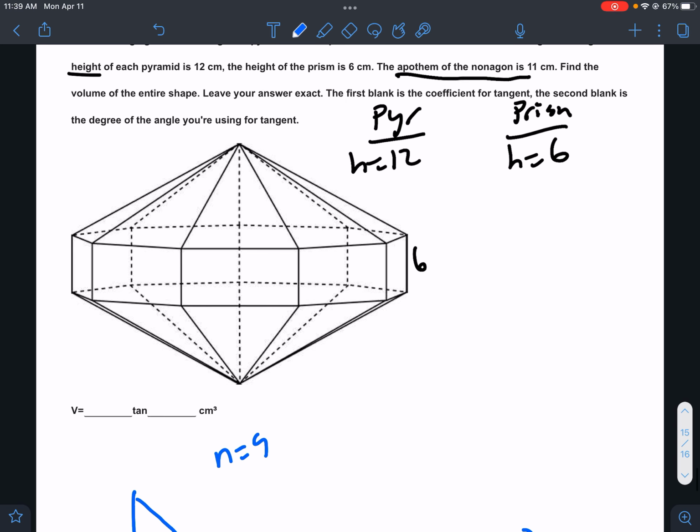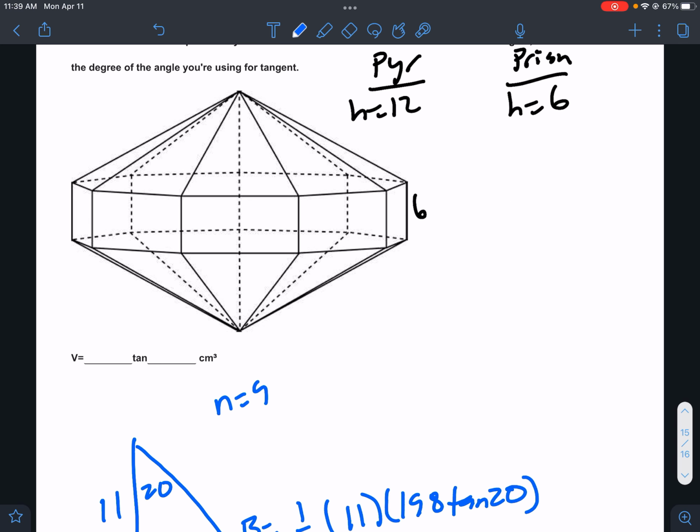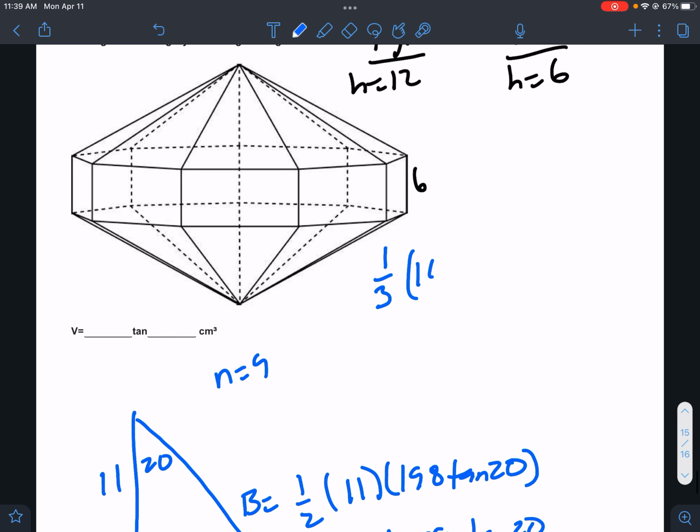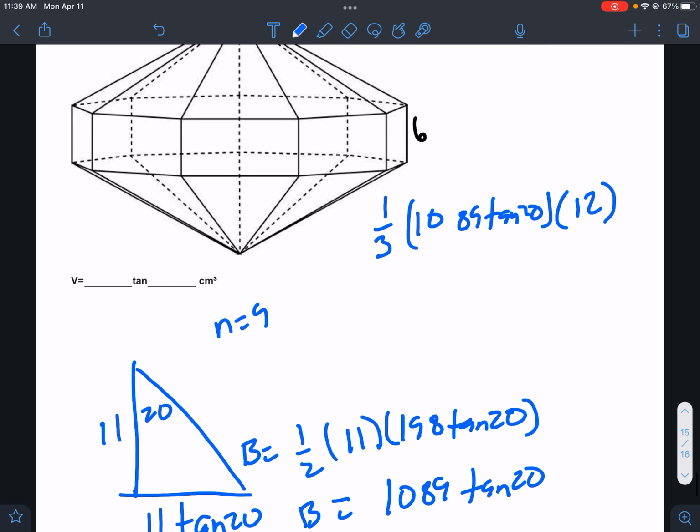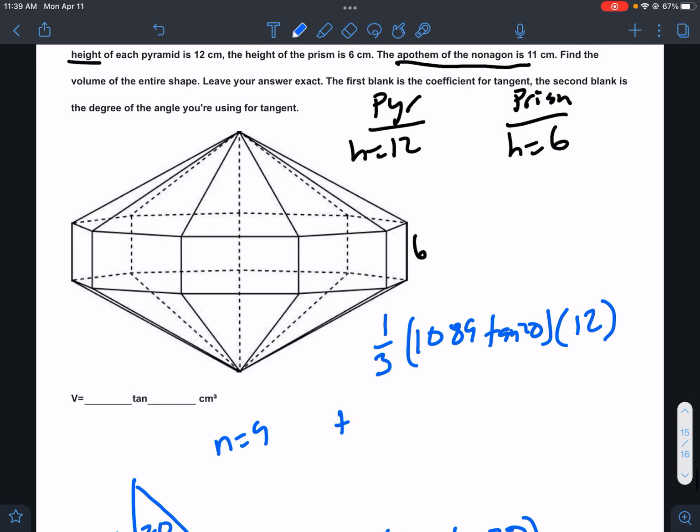Okay. So the pyramid would be 1/3 times the area of the base, which we said was 1089 tan 20, times the height. And they gave us the height straight up as 12. Plus the prism.